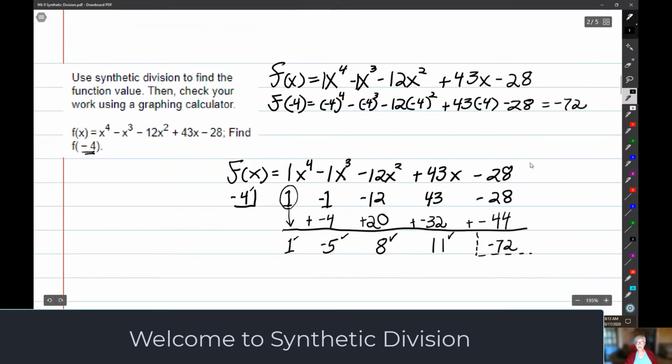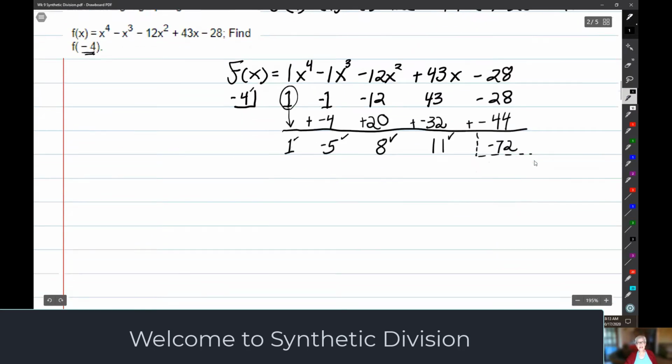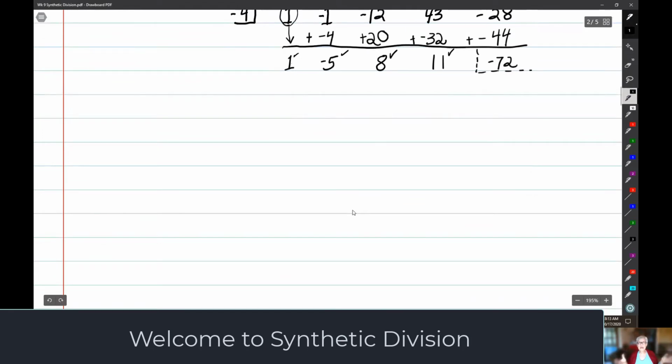Whoever invented this was really brilliant. You'll see why in a minute. But right now, this is just another way to evaluate a polynomial. And I'm going to write that down. One of the uses.